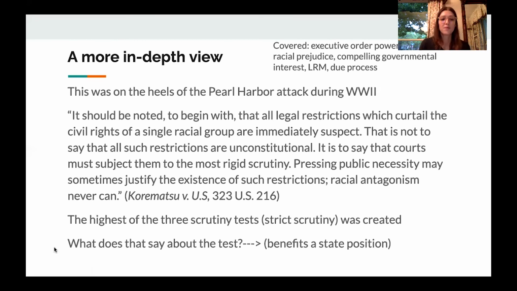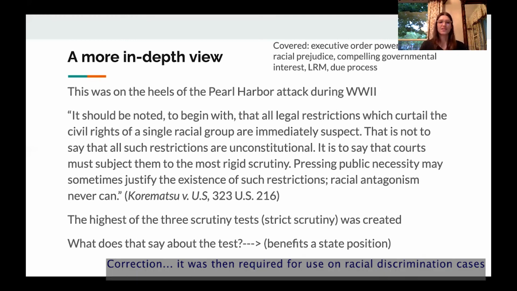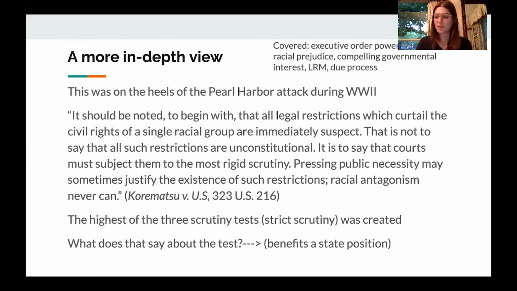And for me, I'm thinking that this quote would be able to help me on a governmental position. In this case, one of the things of note is that, of course, the strict scrutiny test was created. This is the harshest test that they have in the Supreme Court. This test is used for a lot of things.